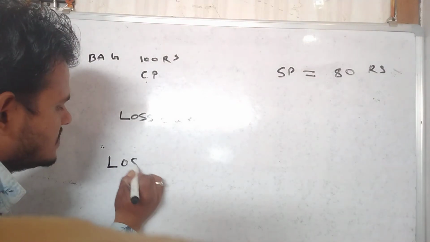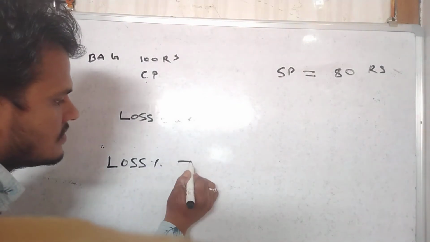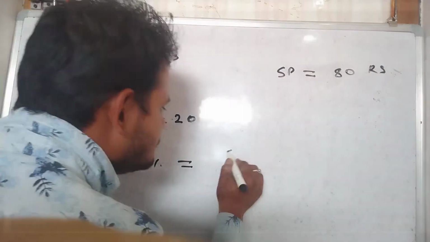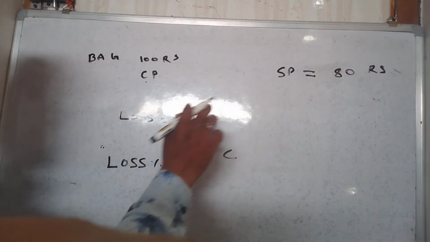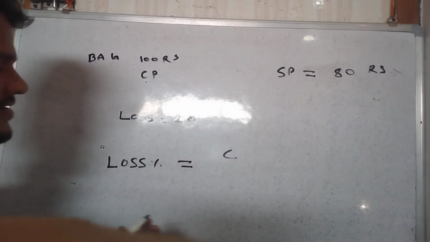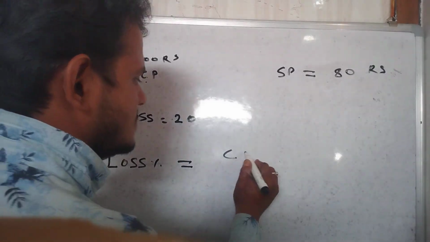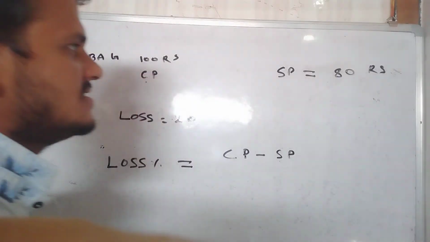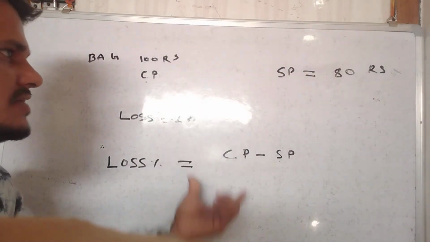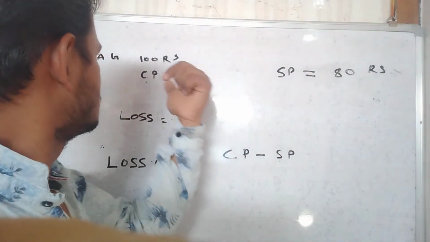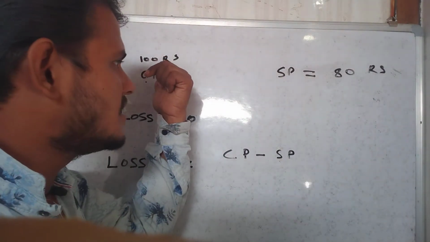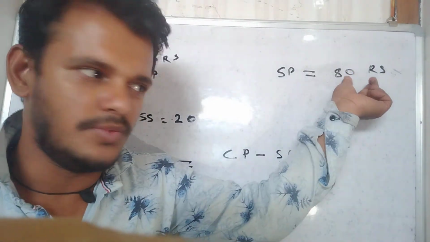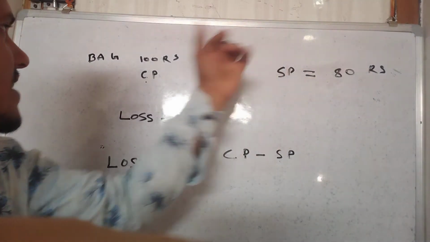Loss percent equals CP minus SP, because CP is greater than SP. SP is less than CP because we have loss. See here, the bag was bought for ₹100 and sold for ₹80. So ₹80 is less than ₹100.